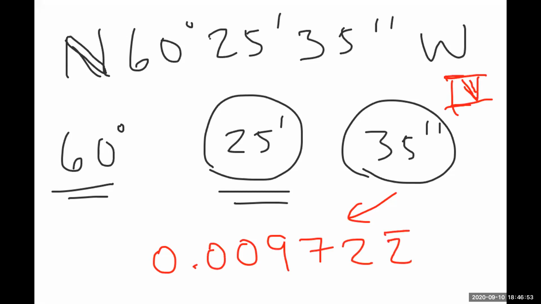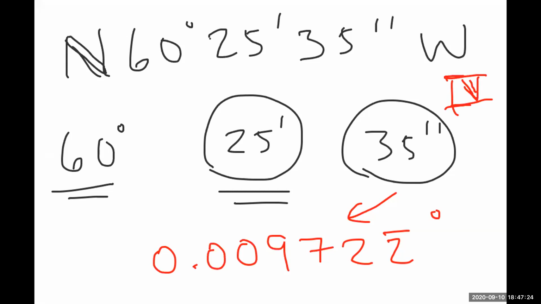0.009722 degrees. Okay, I realize my screen is small, but what I've come up with thus far is I have 60 full degrees, and the 25 minutes is equal to 0.416666 degrees, and the 35 seconds equals 0.009722 degrees. All I have to do is add those three numbers together.